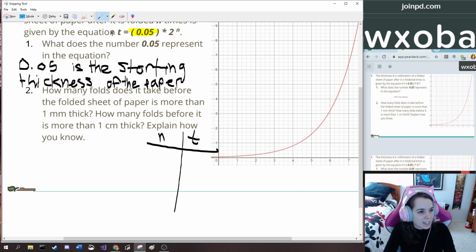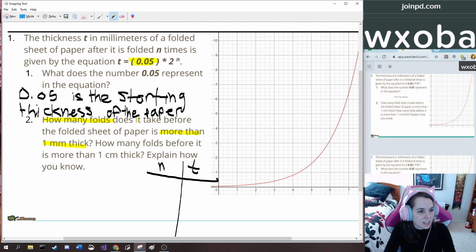But the question is asking, how many folds does it take before the sheet of paper is more than 1 millimeter thick? And remember that this is calculated in millimeters. So how long will it take before it's 1 millimeter thick?